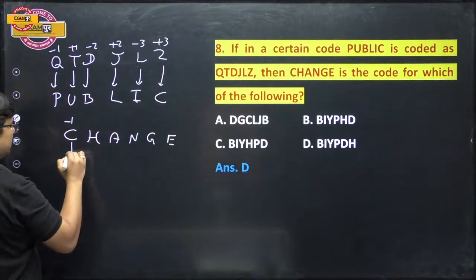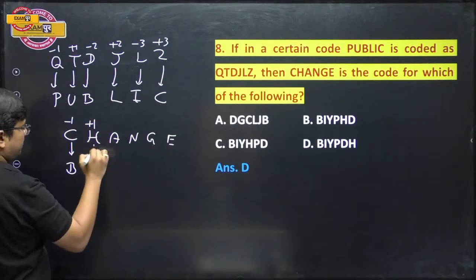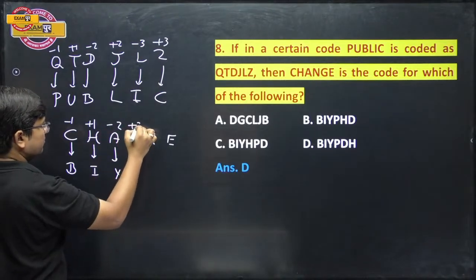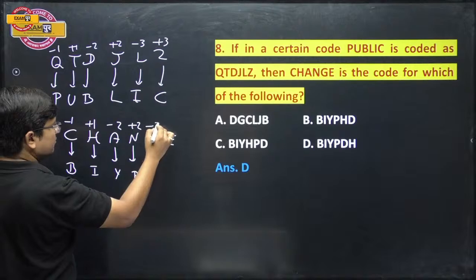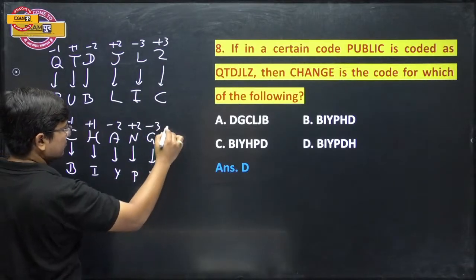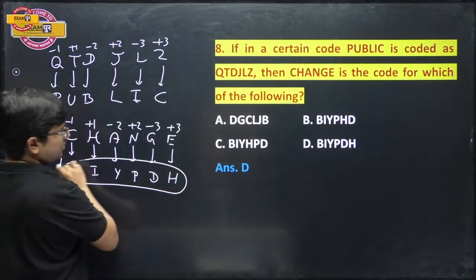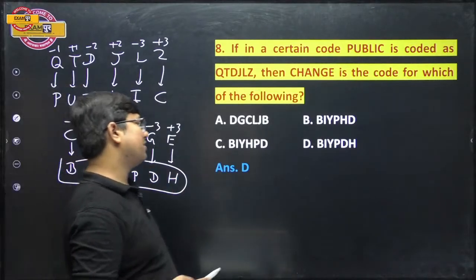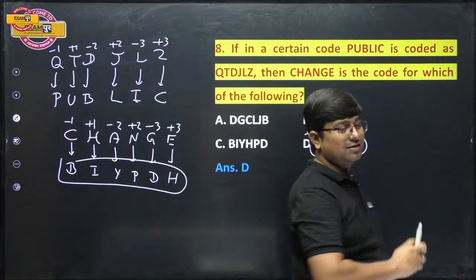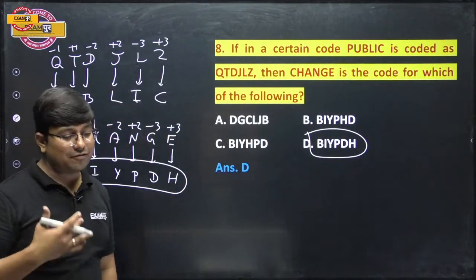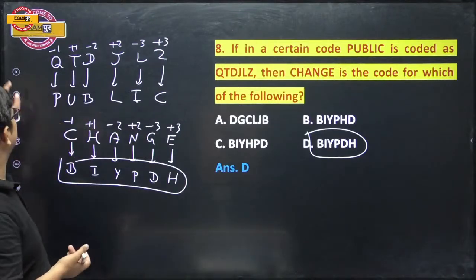Okay, -1 +1, -2 +2, -3 +3, BIYPDH, and that is the right answer. All right, everyone, getting it? So be careful, be more vigilant.